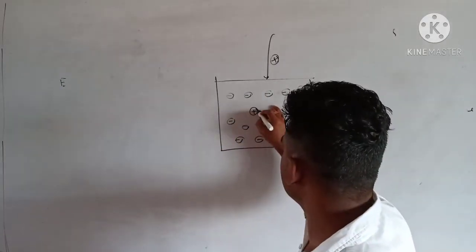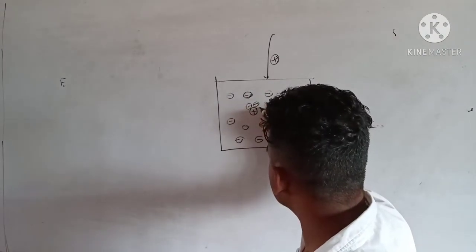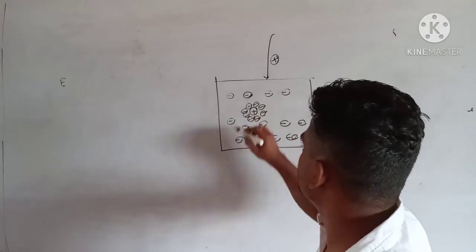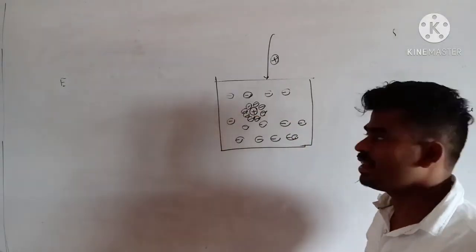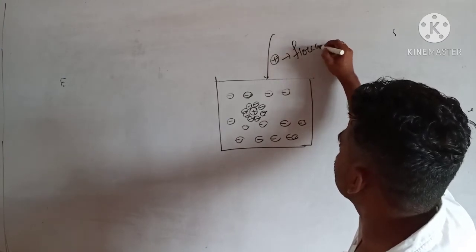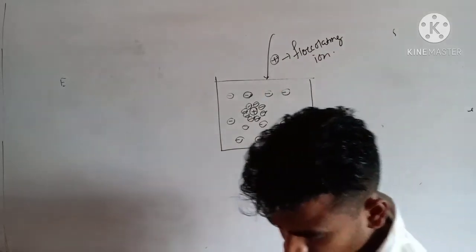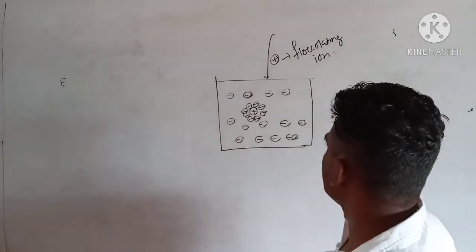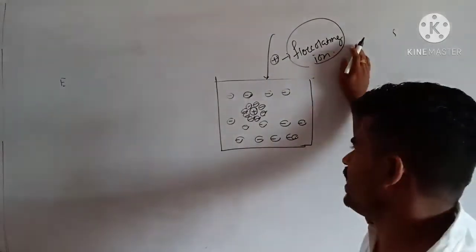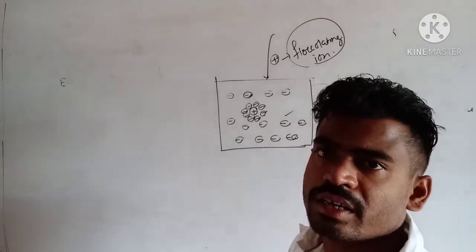This positive charge will be here, and the colloidal particles, since they have negative charge, aggregate surrounding this positive charge. So the ion that I have added over here is called the flocculating ion. Okay, so what is the role of the flocculating ion? It is responsible for the aggregation of colloidal particles, or you can say for the coagulation of colloidal particles.